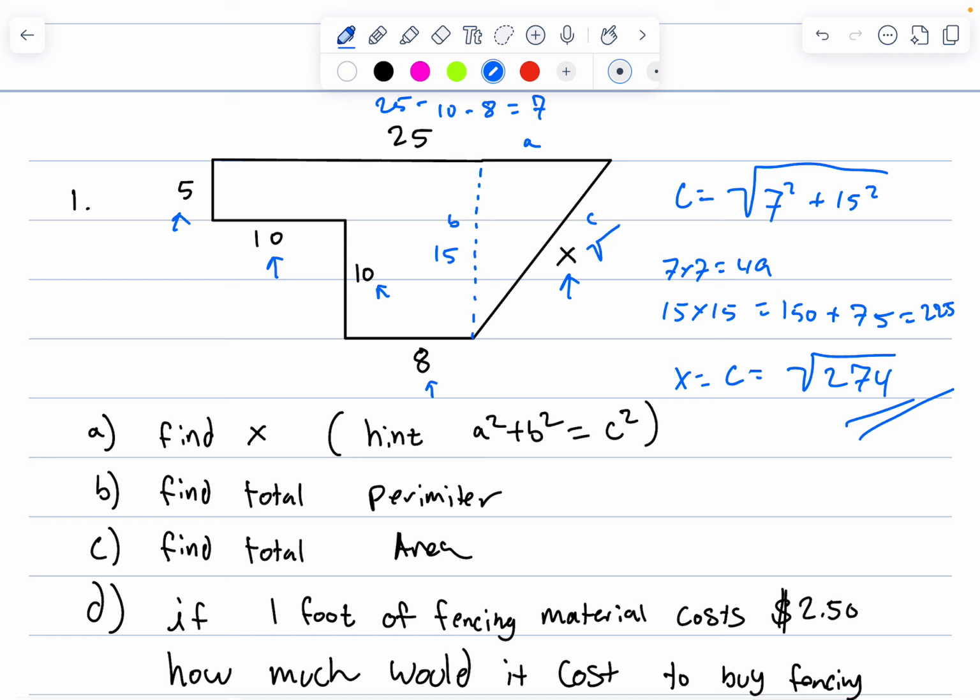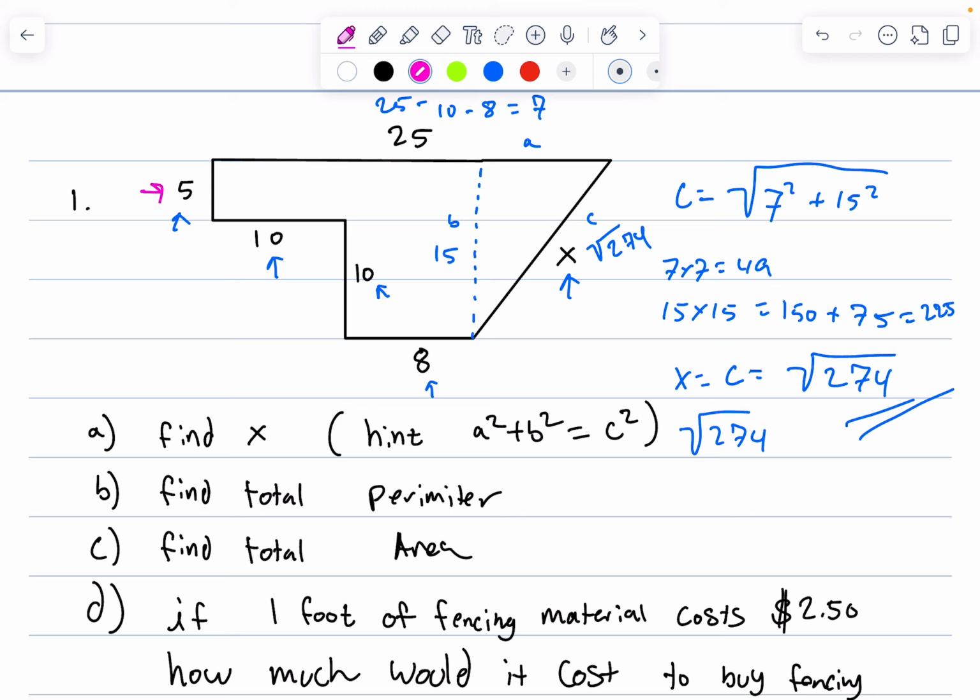So now that you have x equals square root of 274, I said find the total perimeter. For the total perimeter, you have to add. So let's start here. I'll do this one in pink.